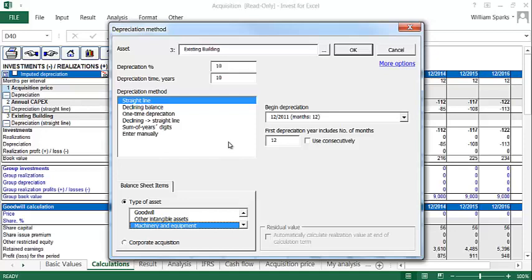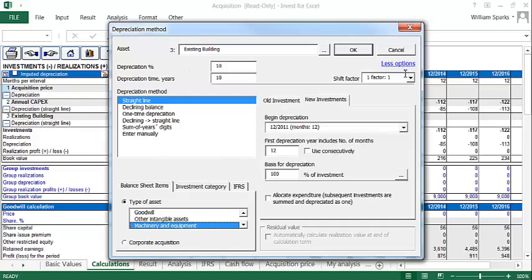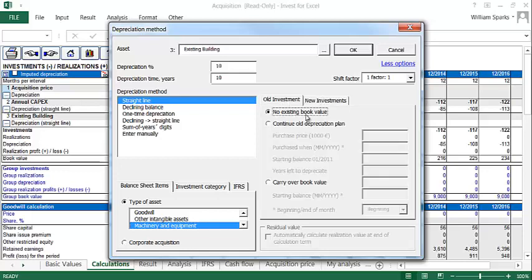And we need to have more options visible. Top right. Yep. And there in the middle now came this old investment tab. And now we can continue the old depreciation plan of the building.